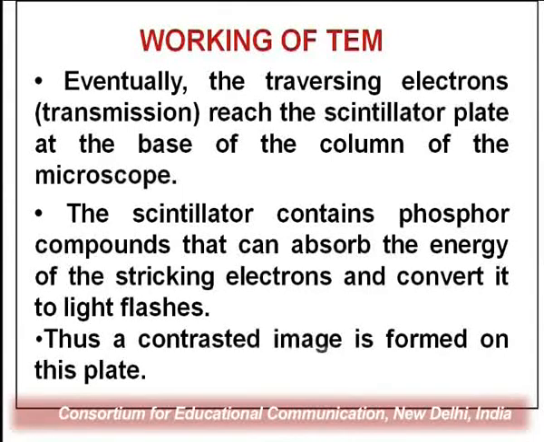Eventually the traveling electrons reach the scintillator plate at the base of the column of the microscope, and this contains the phosphor compound that can absorb the energy of the striking electrons and convert it into light flashes. This is the contrast image which is formed on the plate.